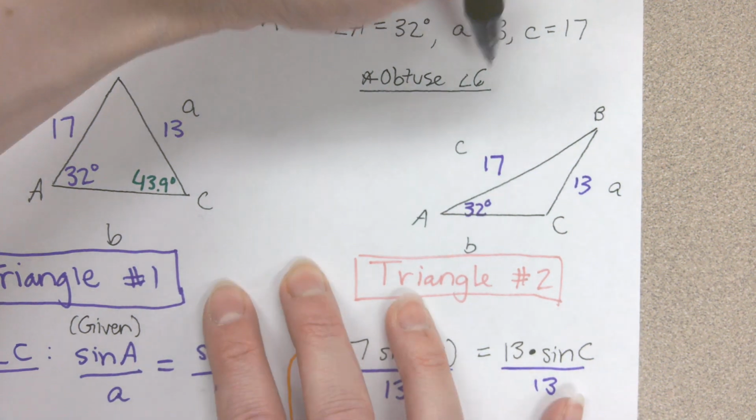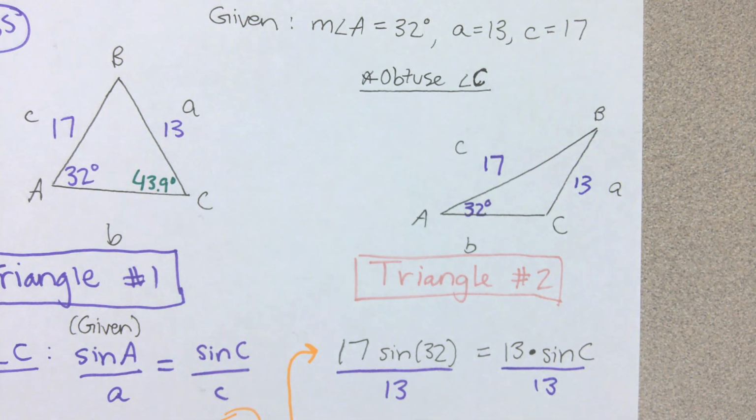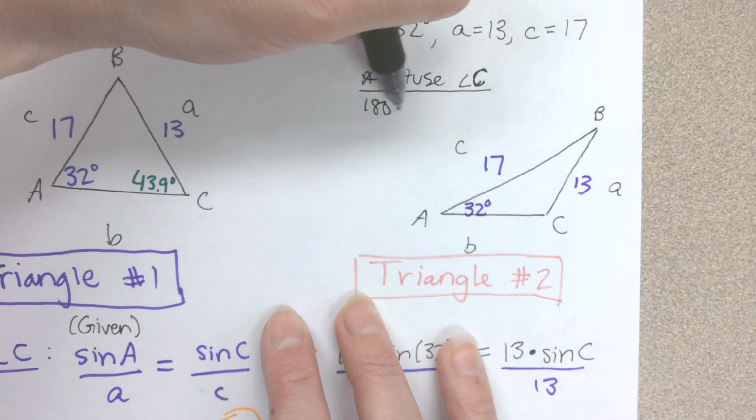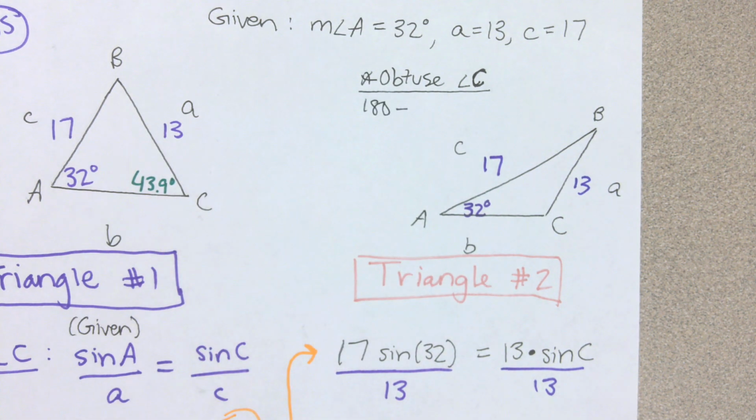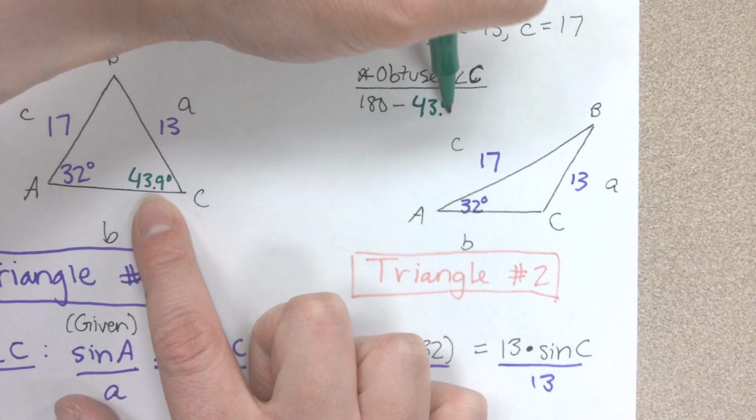So finding obtuse angle C, we did this yesterday, but it didn't work out. Where we take 180 minus the value we just found for C. So that would be 43.9 degrees.